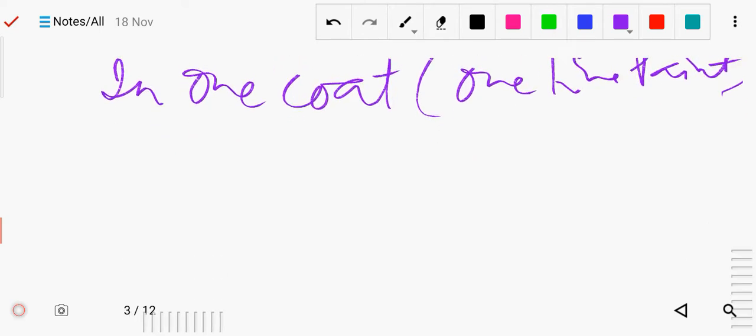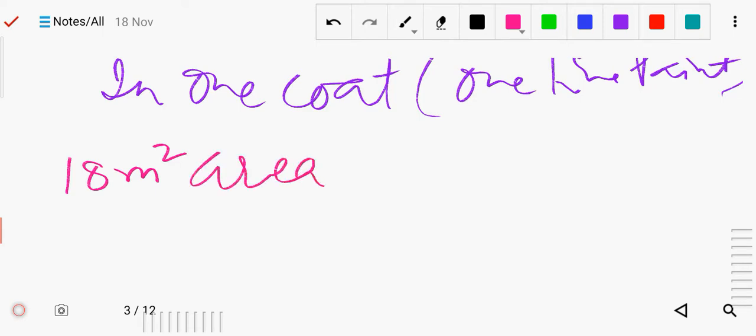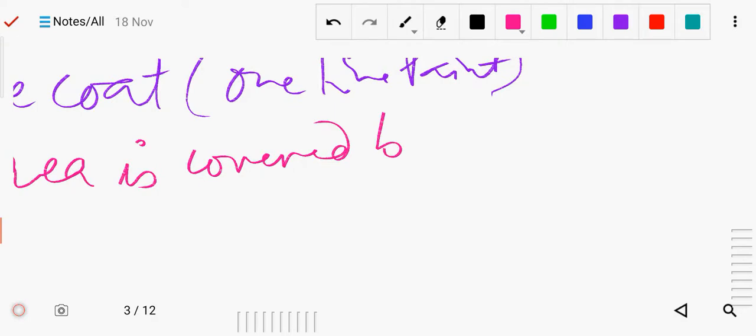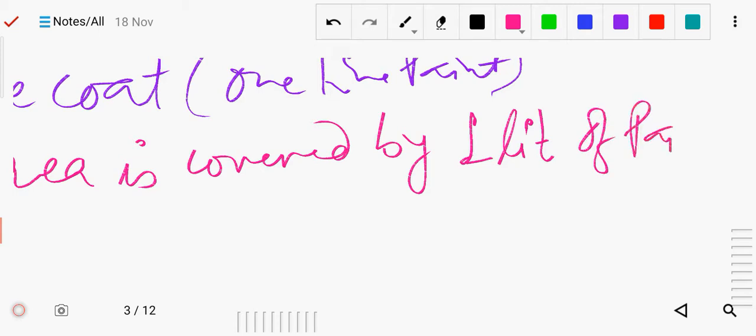Now in the question it is given that 18 meter square area is covered by 1 liter of paint.